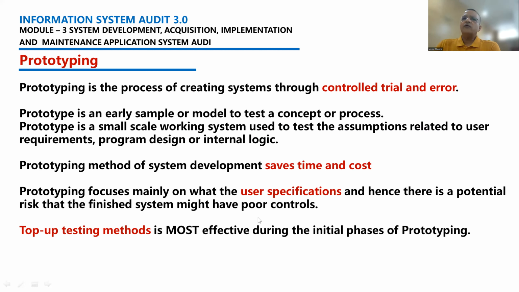Now, prototyping focuses mainly on what the user specifications are, and hence there is a potential risk that the finished product might have poor controls. When you are developing a prototype, say, for instance, a small aeroplane model or even a drone model, then it is about what I want my drone to do.